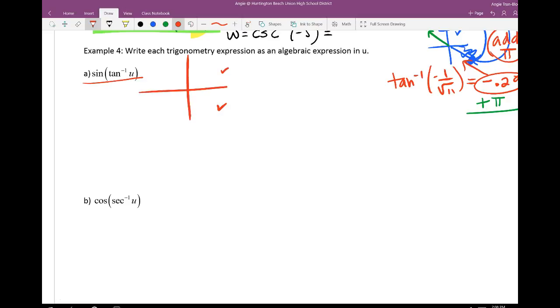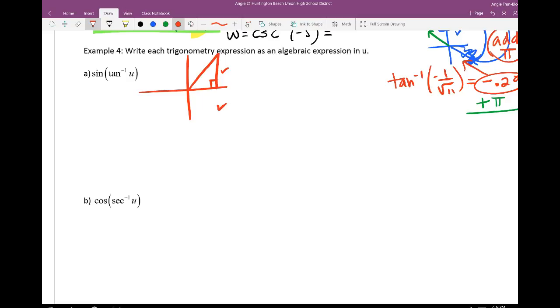Since u is unknown, you can draw this triangle in either, but you cannot draw it in quad 2 or quad 3. Since most of us love positive numbers, I would just draw it in quadrant 1.